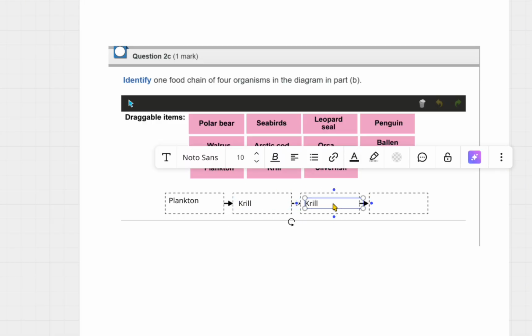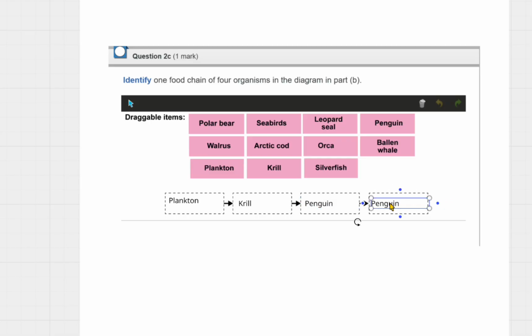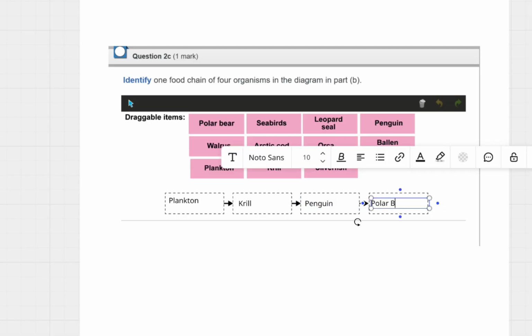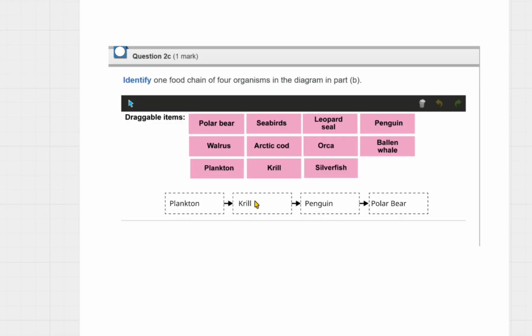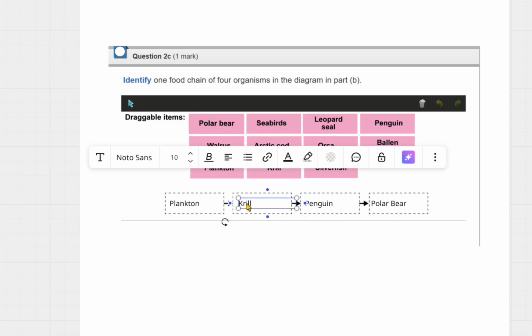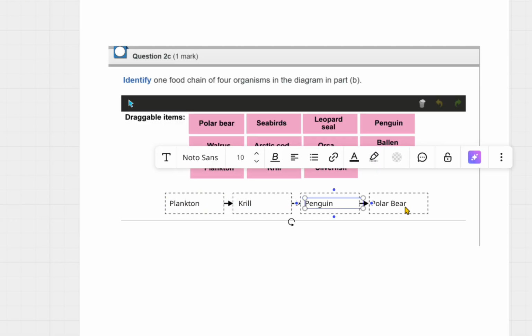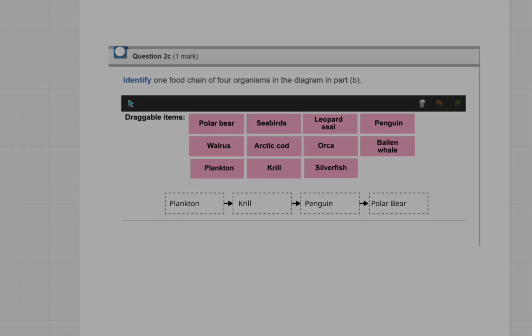Then we have our penguin, and then at the end we have our polar bear, which is our apex predator. So this is our primary producer, this is our primary consumer, this is our tertiary consumer, this is our apex predator. Then that's it.